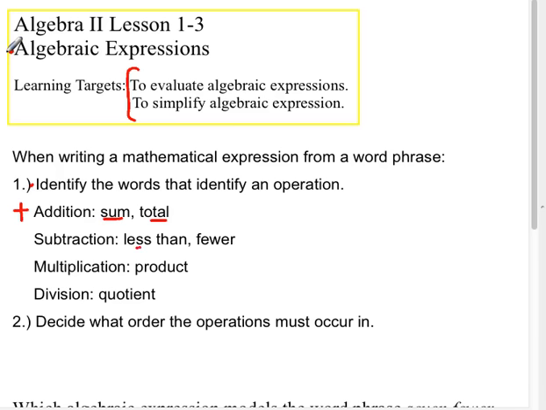If you see terms like less than or fewer, that should clue you in that you're subtracting. If you see the term product, you should realize that you're multiplying. Division, or sorry, quotient, means that you're looking at division. So the first key is, can you identify the language that shows you which operation you're going to be using? Okay, that's going to be the first step.